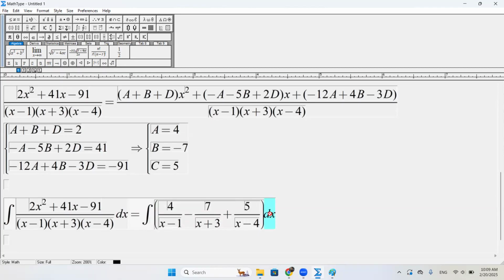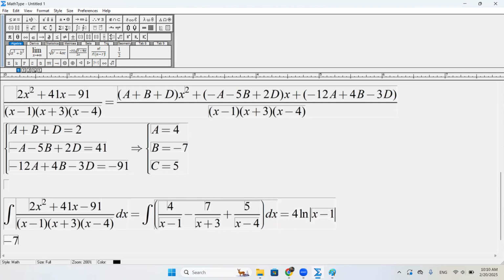We know that these denominators can be moved under the differentials. We can expand and write it as a sum of integrals, and we see table integrals here. The first is logarithm of modulus of x minus 1.